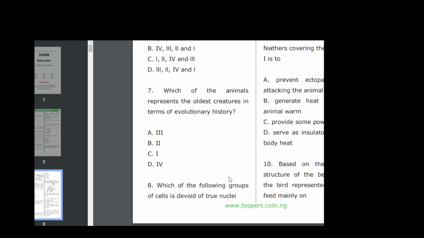For those of us that are very familiar with evolution, I want us to know that we have what we refer to as evolutionary proofs or evidences of evolution. Those are the things that we'll quickly be talking about now.